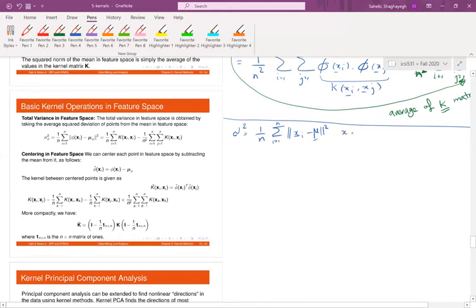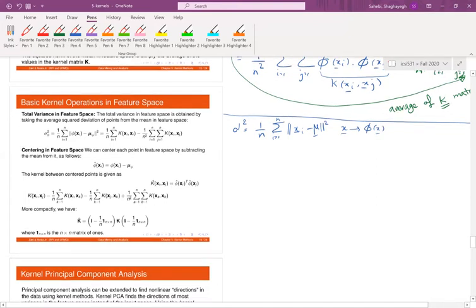Now that we have the new feature space, the variance of our data in the feature space, let's call it sigma squared of phi. It is equal to the sample variance, or total variance, 1 over n, i equals 1 to n. Instead of xi's, now we have phi of xi's, right? Minus, and instead of our original mean, now we have the mean in the feature space, squared.